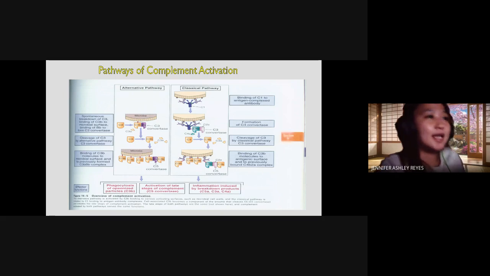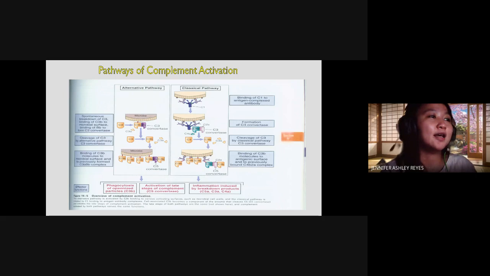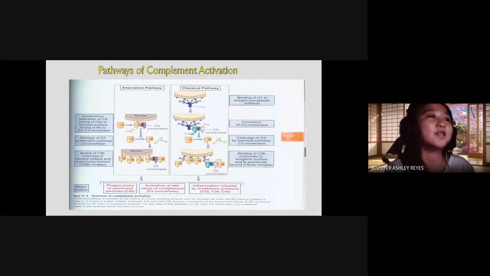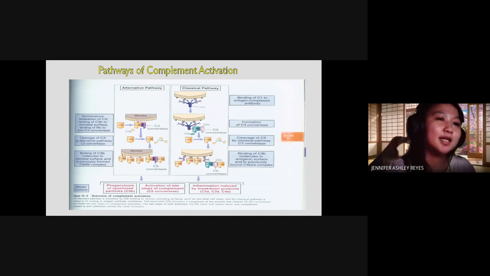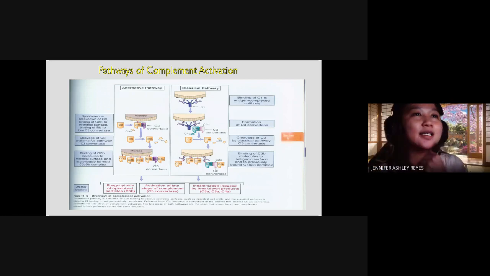So, di ba sabi natin si alternative pathway will not need yung presence of antibody. So, ang nangyayari dito, ang start agad na activation is through the activation of C3. So, si C3 will be triggered or activated by the substances found sa bacterial cell wall. So, si C3 magiging C3b, C3a. Pero ang kailangan lang natin is si C3b.